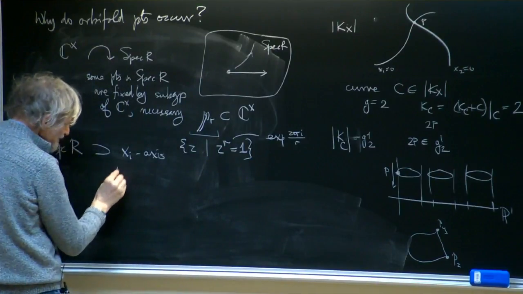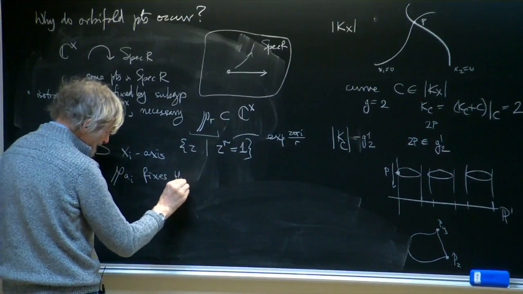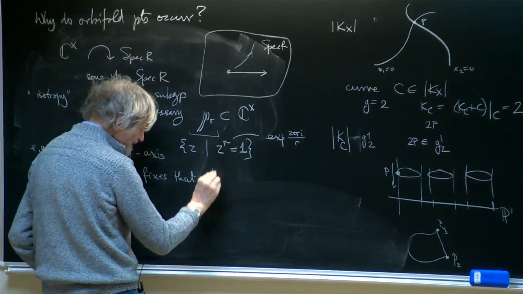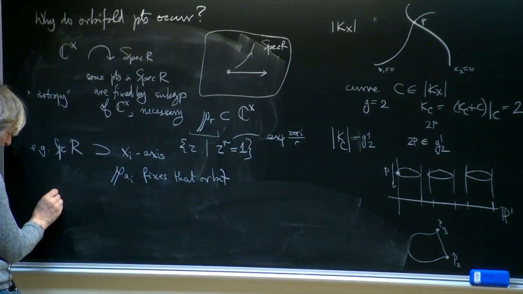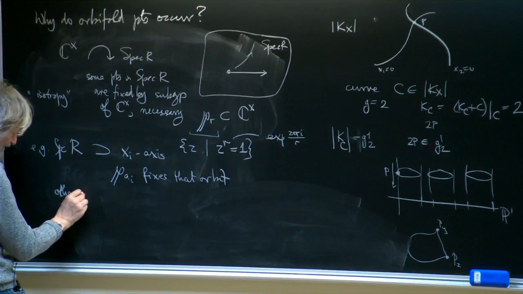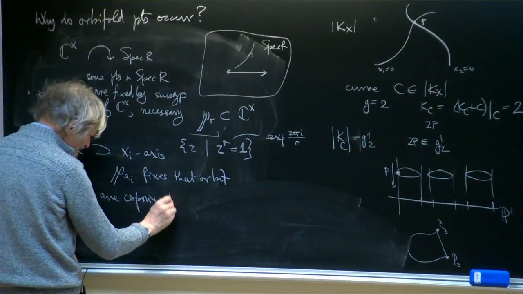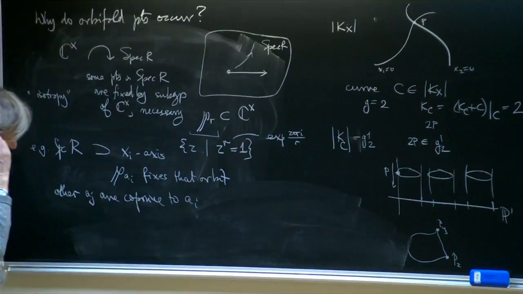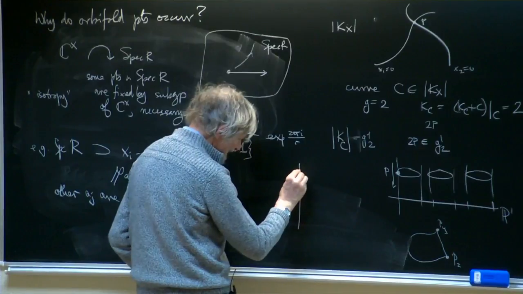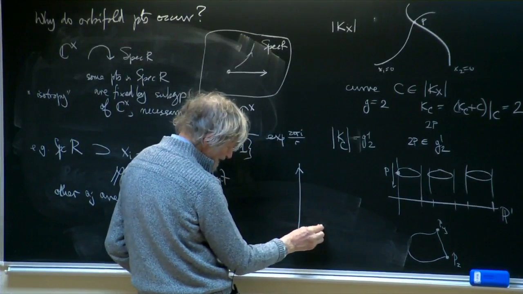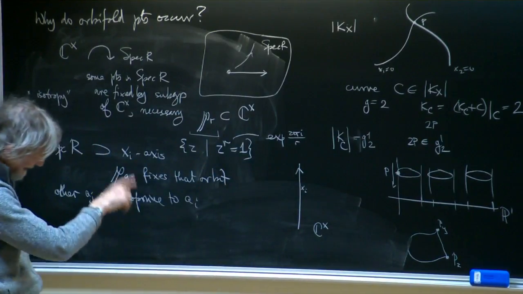Right. Then mu_{a_i} fixes that orbit, and let's assume, for simplicity, that the other a_j are coprime to a_i. Yes. Then I get this picture which I mentioned yesterday. Here is the C star action, and here is the x_i orbit, the x_i axis.